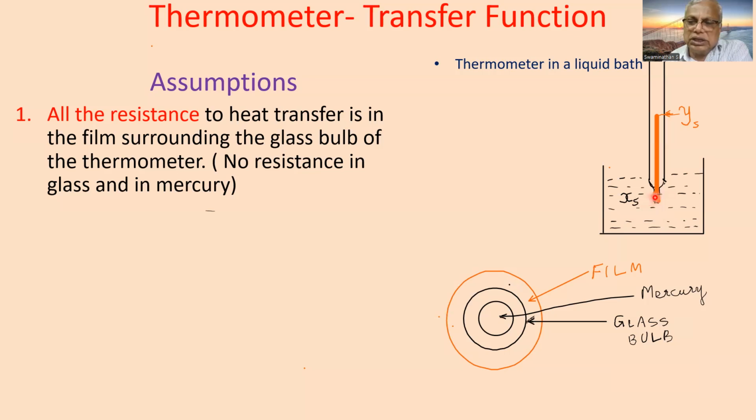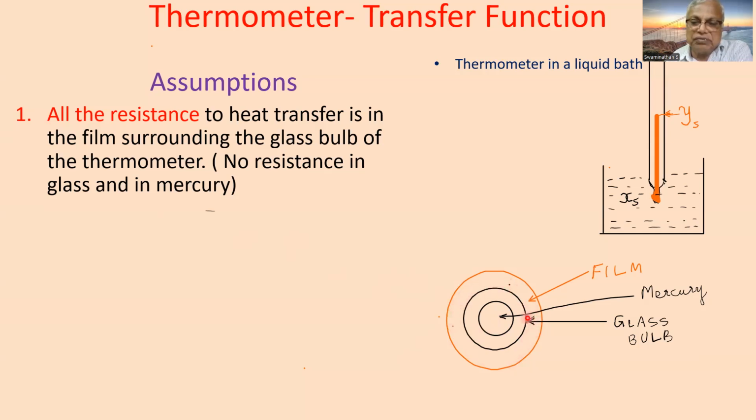If you see a cross section of this bulb, I've shown it magnified here. This is the glass bulb, and inside you have mercury, the thermometer liquid. The heat transfer is from the bath to the mercury. There is a resistance for heat transfer, and this assumption says the complete resistance to heat transfer is in the film surrounding the glass bulb.